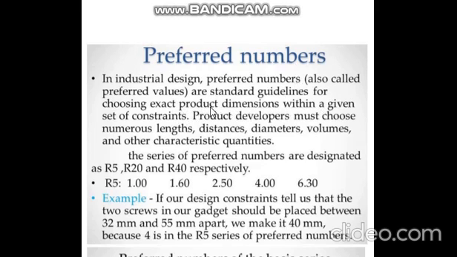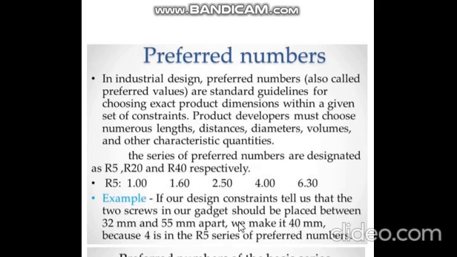Here is an example. In the design, it is told to us that you have two screws in our machine that should be placed anywhere between 32 mm to 55 mm apart. So where to exactly place them? This is the constraint. Within 32 to 55 you have to place them. So there we choose 40 mm.